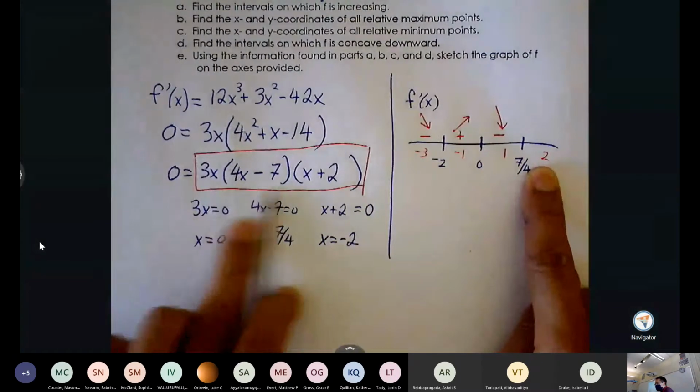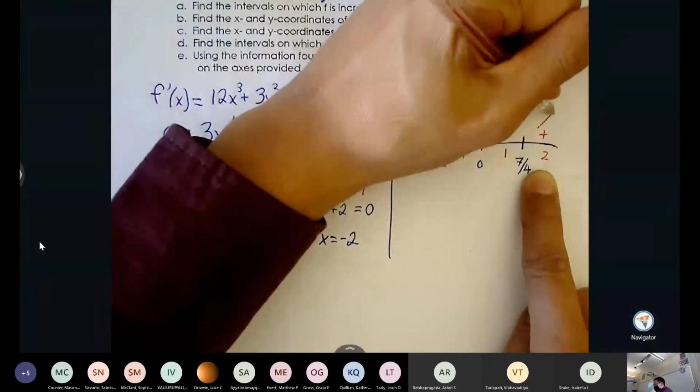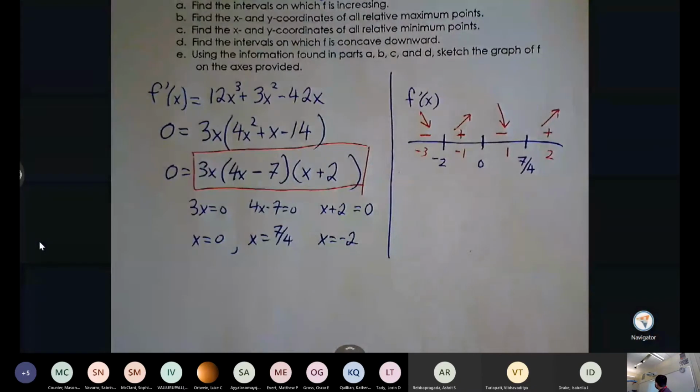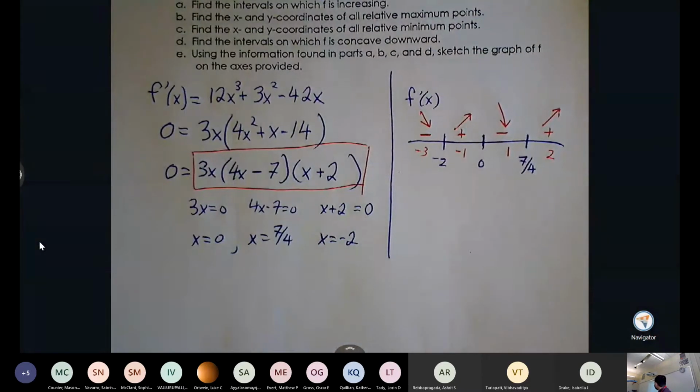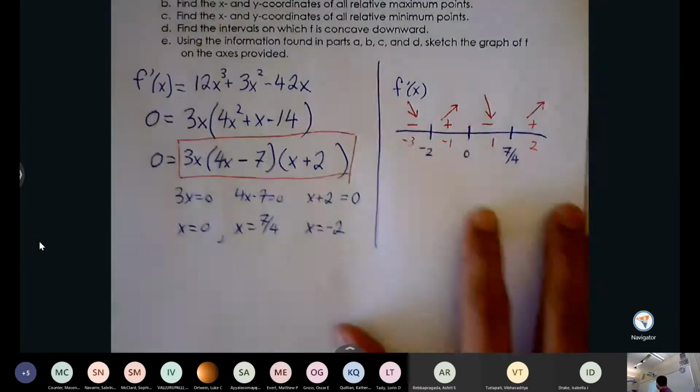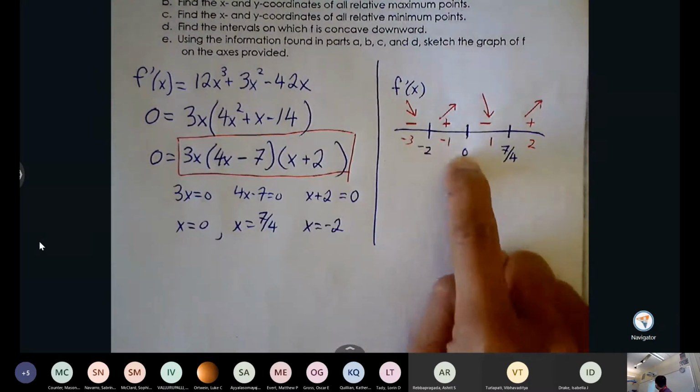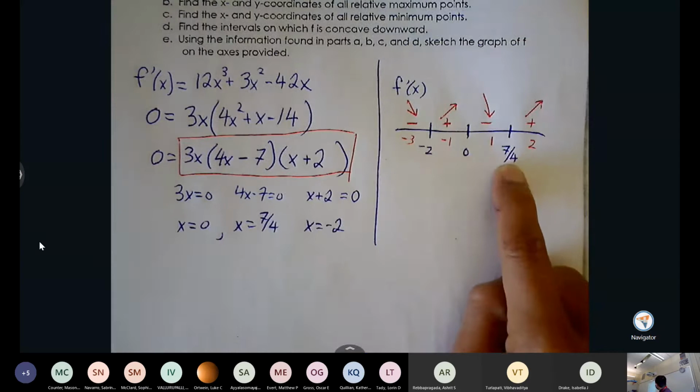And then positive, positive, positive. Okay, so relative min at -2, relative max at 0, relative min at 7/4.